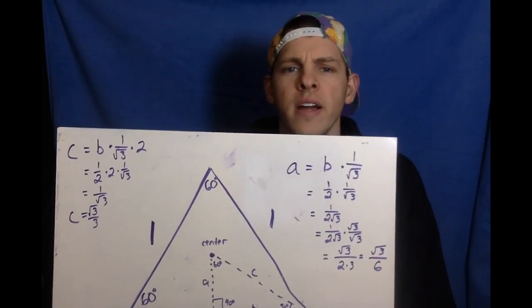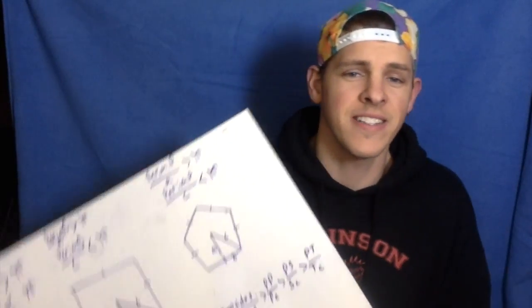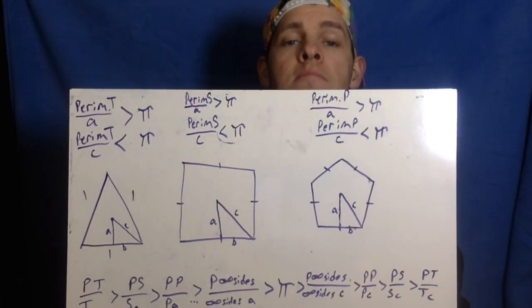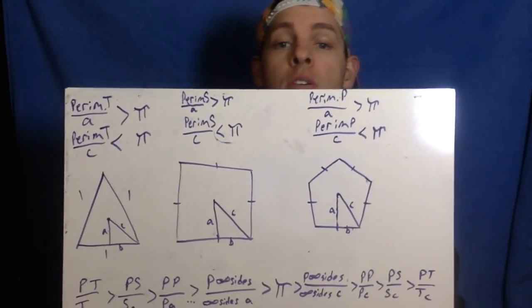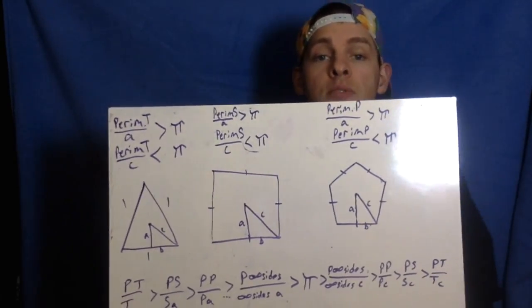The idea here is that for every polygon that I draw, I start with a triangle, then go square, pentagon, hexagon, heptagon, octagon, nonagon, decagon, etc. The main idea is that as we have more sides, our polygon starts to look more like a circle.